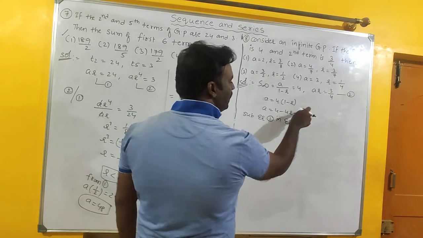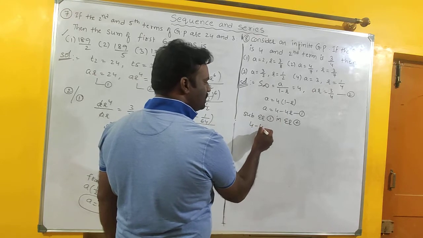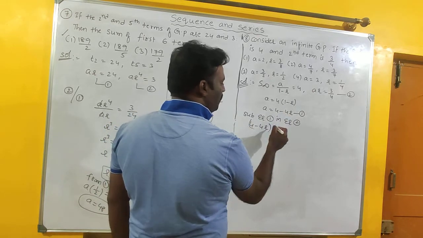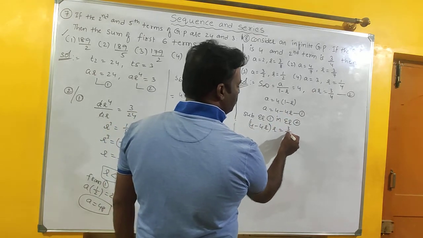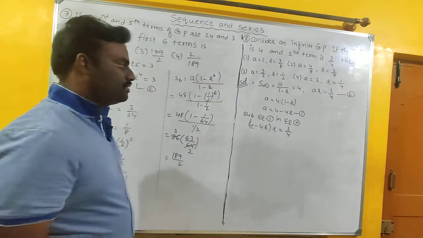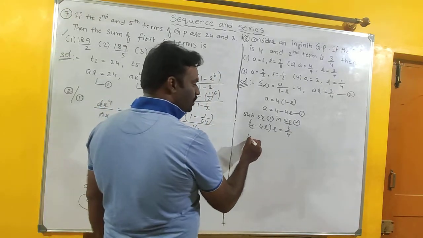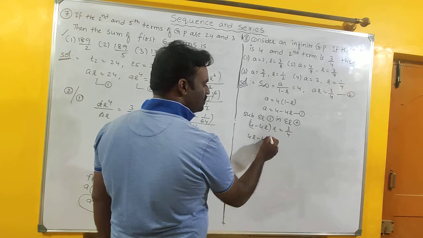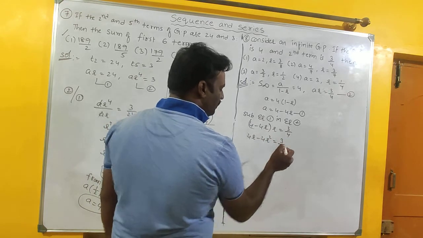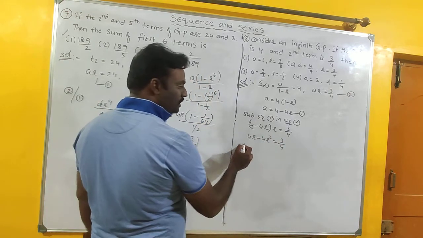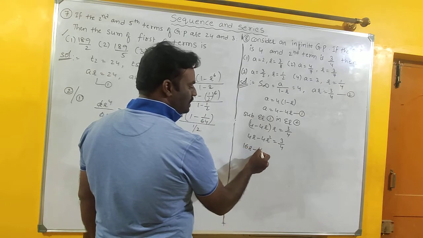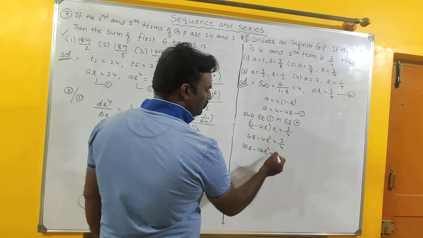In place of A, I can write 4 minus 4r, into r, that is equal to 3 by 4. Now simplify: 4r minus 4r square is equal to 3 by 4. Cross multiply with 4: 16r minus 16r square is equal to 3.